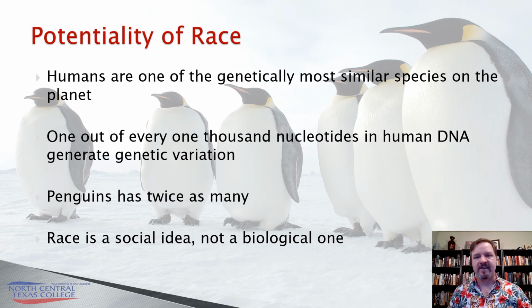That's how we would only have about 6% variation, right? Meanwhile, you take two fruit flies in the same room, we are actually more genetically similar to chimpanzees than two fruit flies are to each other, right?